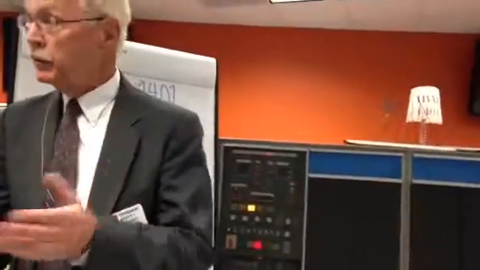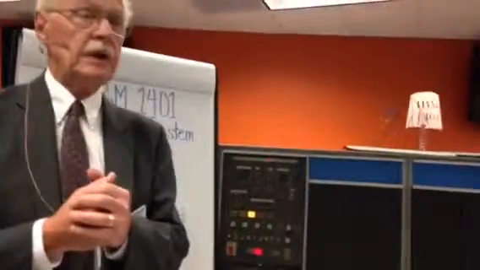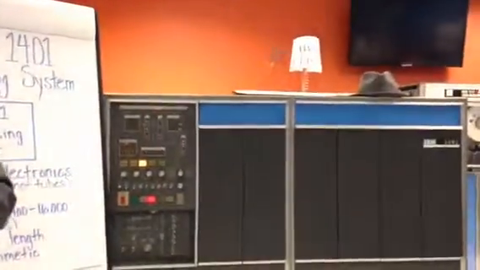The amount of memory I can get on the 1401 ranges from 1,400 characters in memory to 16,000 characters. And yes, I can write a meaningful program in only 1,400 characters. Part of the reason for that is that this is a variable word length and a decimal machine.